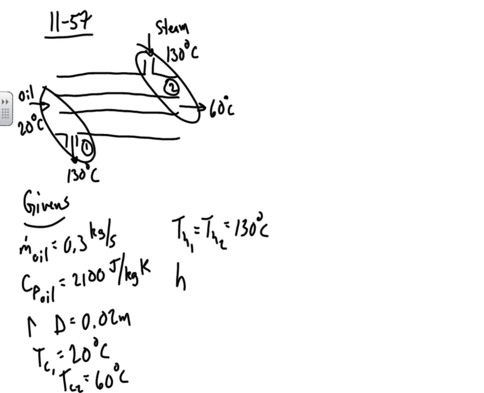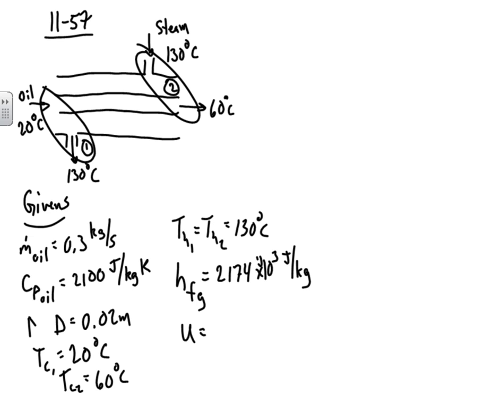Okay. We also know the latent heat of vaporization is 2174 times 10 to the third joules per kilogram. We're given the overall heat transfer coefficient.